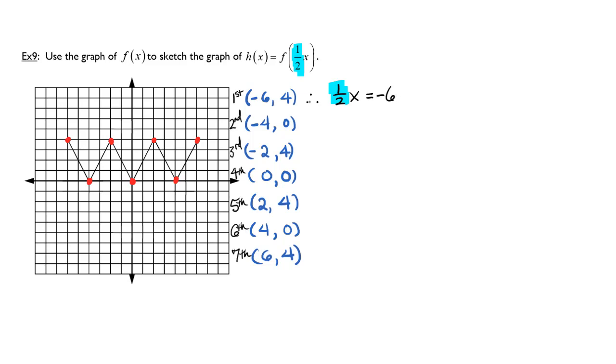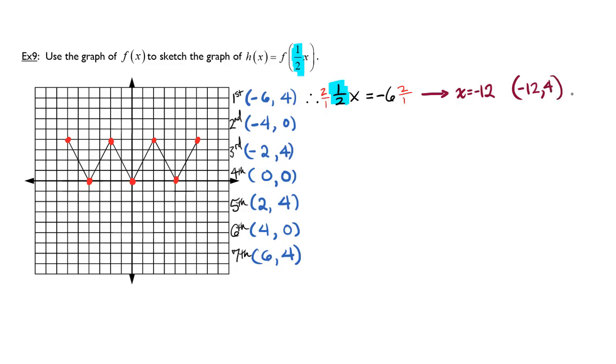When we solve for x, we multiply both sides of our equation by 2. If we do that, we get -12 in the x direction, so we have -12, 4 as our new coordinate point.